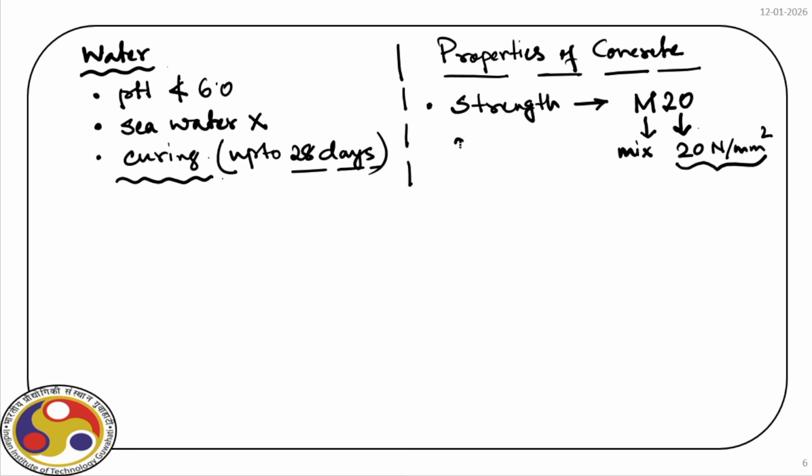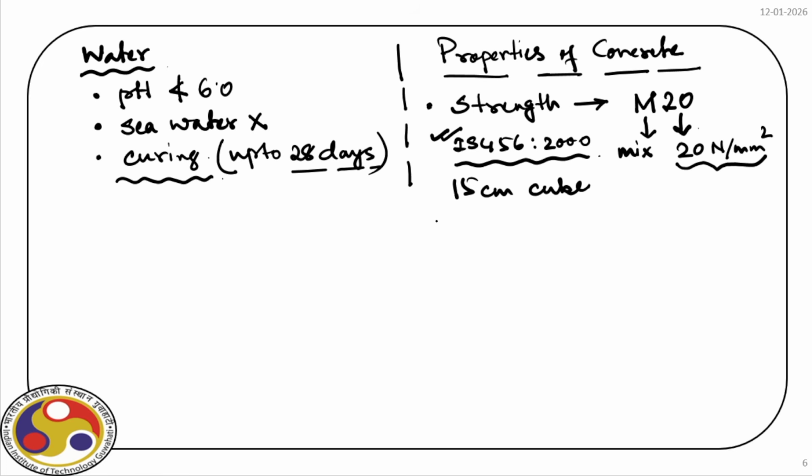Now, in this design, we will use IS 456-2000, and there a specific definition of concrete strength is given. For that, at the end of 28 days, we have to test 15 centimeter cubes of concrete in the lab, and then only 5% of the test results are allowed to fall below this value. That is the definition given in the code which we are going to use in our design.